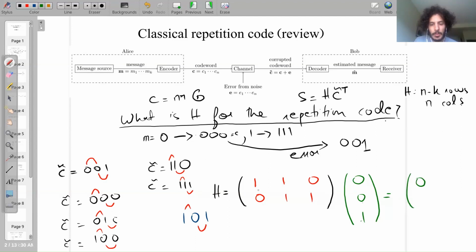So the first guy is 0, and then 0 into 0, 1 into 0, and 1 into 1, which gives me 1, right? So 0, 1 is an indication that it's, so you can again tabulate all the possibilities and kind of look.